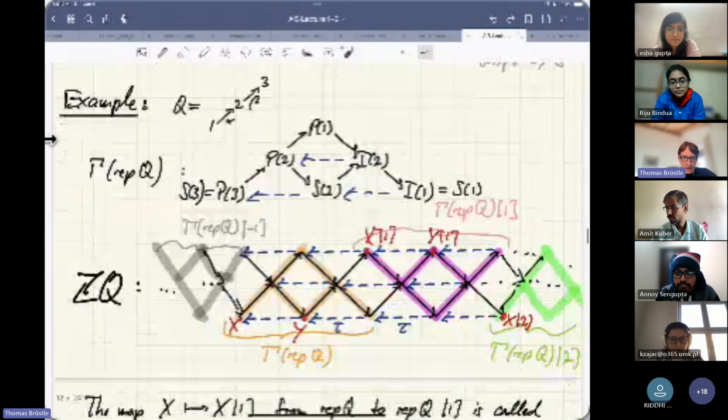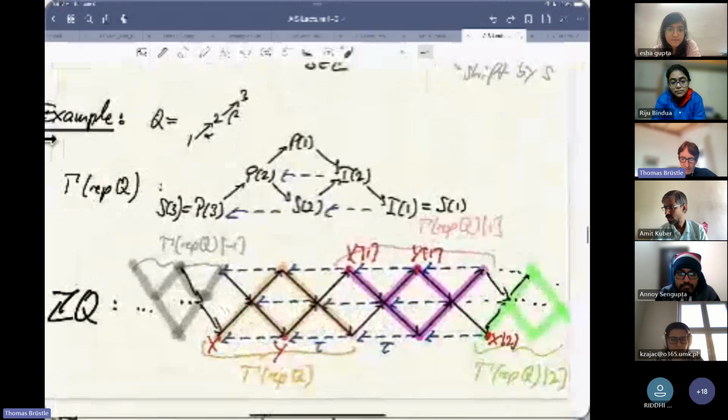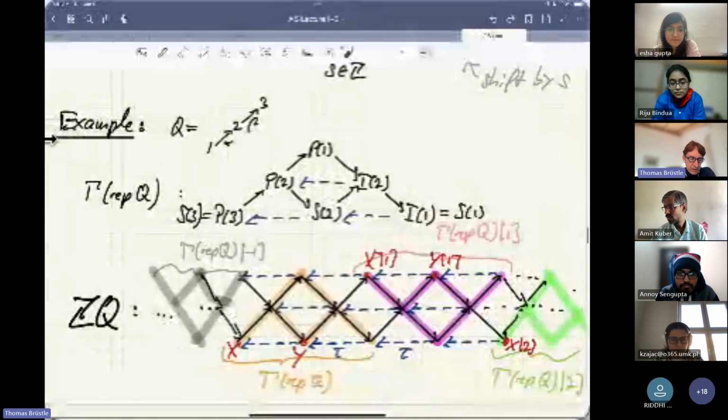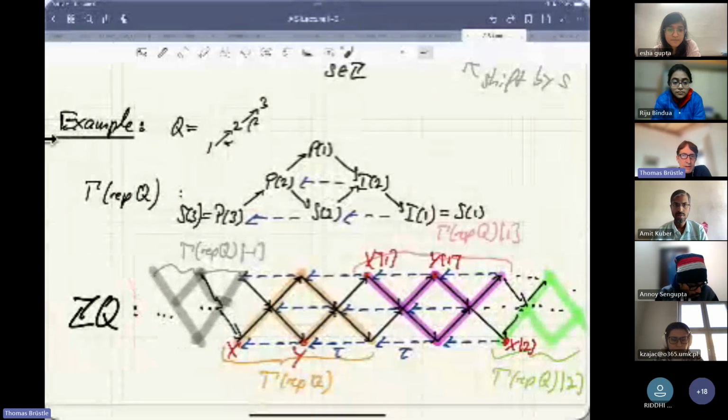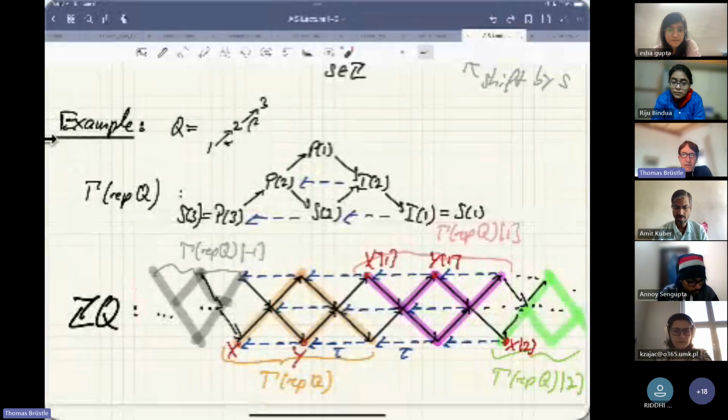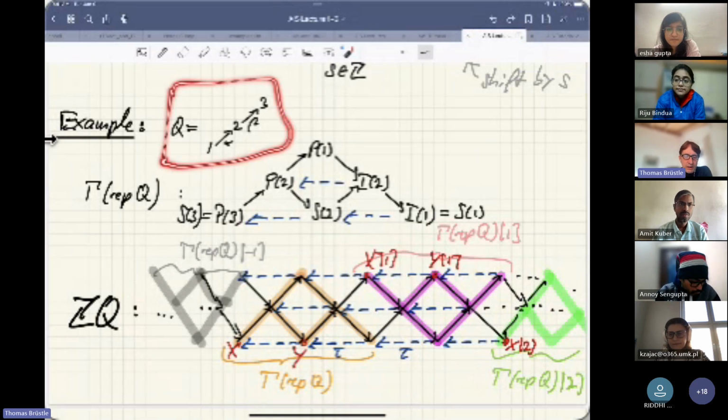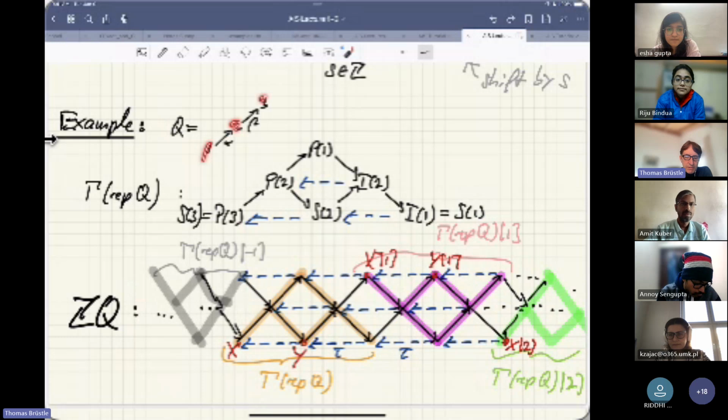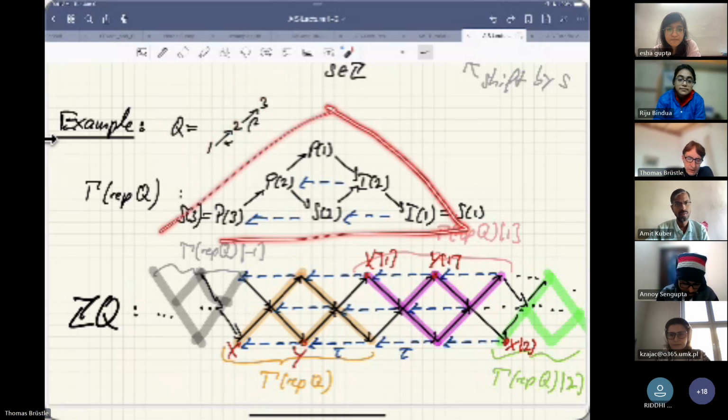So inside that infinite stripe ZQ, we find some parts that are given by the actual modules or representations. For our basic example of type A3, a quiver with three vertices 1, 2, 3, we do know the module category; the representations are given by these 1, 2, 3, 4, 5, 6 objects.